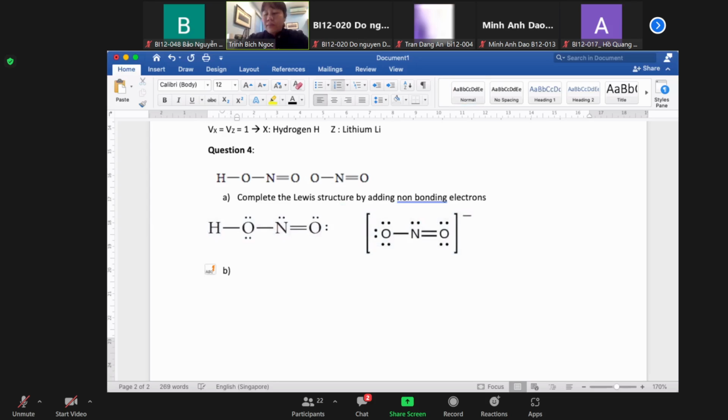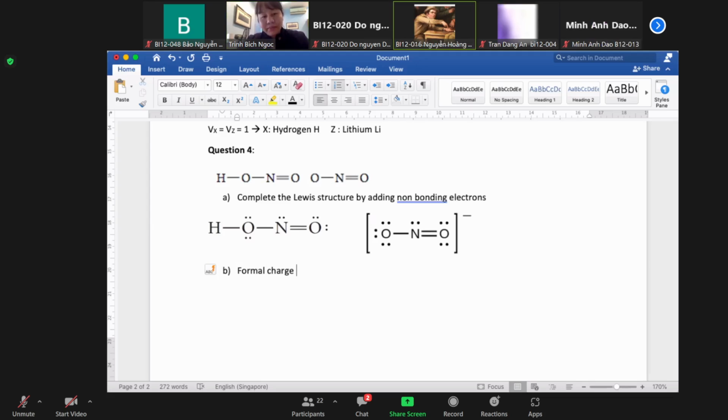Then the formal charge on nitrogen, is it the same or different in these two species? It means the same or different. I think they stay the same. Okay, can you show it?